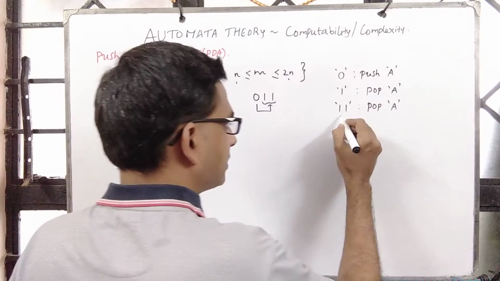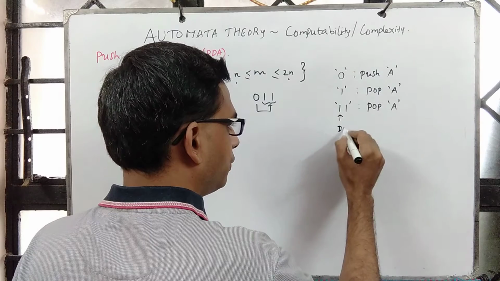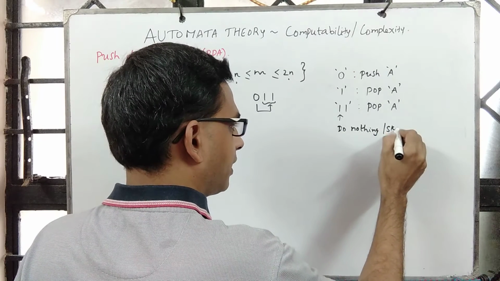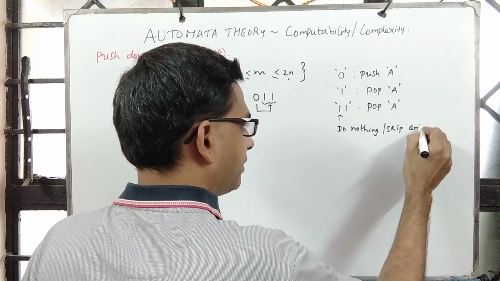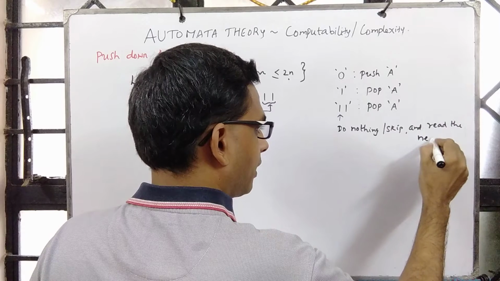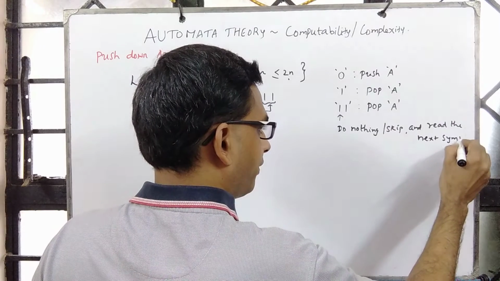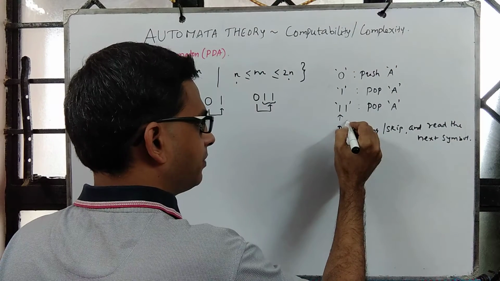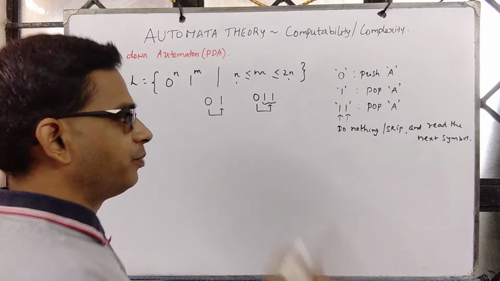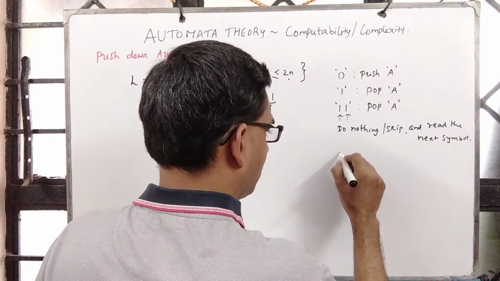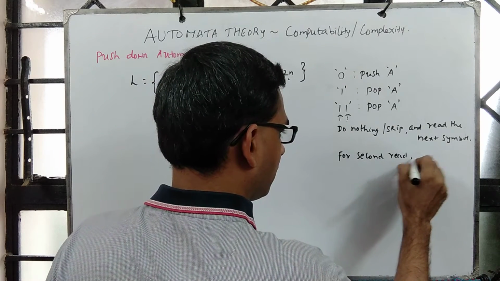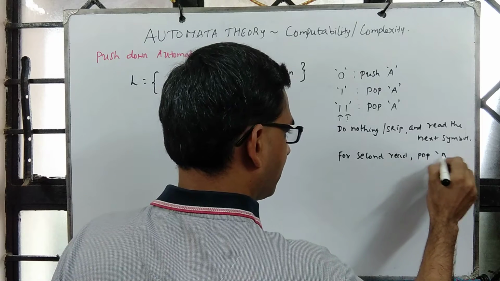When the machine reads this 1, it does nothing or skips, and reads the next symbol. Now when it reads the next symbol, which means it is reading the second 1, you pop A out. For the second read, pop A.